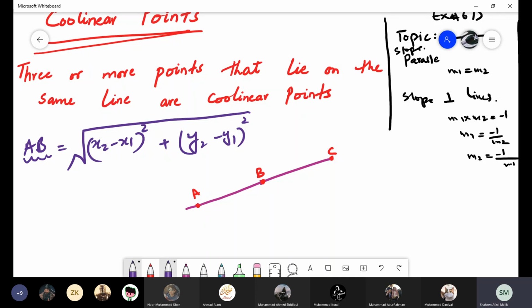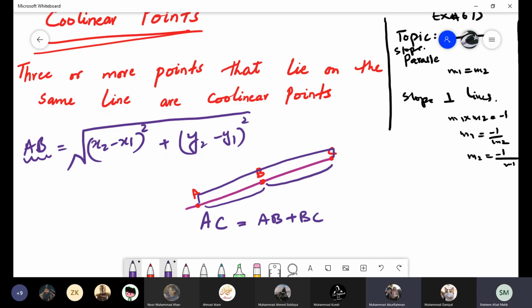We can say that the distance between the points A and C, the whole distance from here to here, is equal to the distance of AB plus the distance of BC. The whole distance from A to C will be equal to the distance of A and B, and then B and C. Okay, boys.